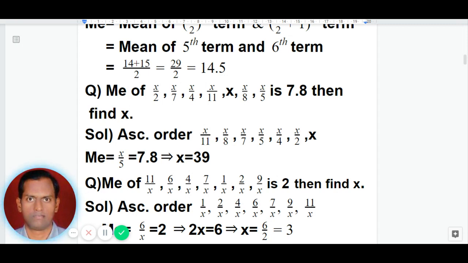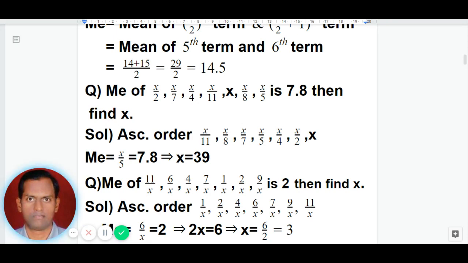So x by 11 is the smallest one. Next, x by 8, x by 7, x by 5, x by 4, x by 2 and x by 1. Once again, when numerators are equal, if the denominator decreases, then the value of the fraction increases.